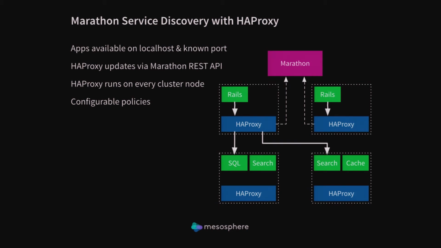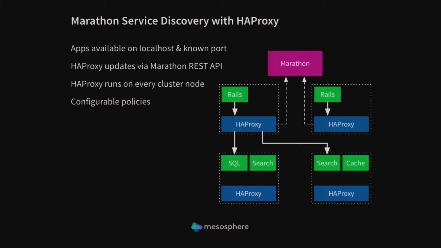So that means MySQL is always available on localhost 3306 on every node in the cluster. So it's a well-known port. It's kind of like in the old days in UNIX. There's an etc services file that has service name to port mappings. And you can just hardcode that in your application because it'll never change.